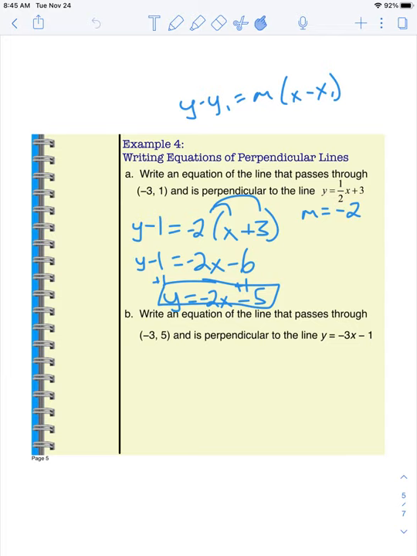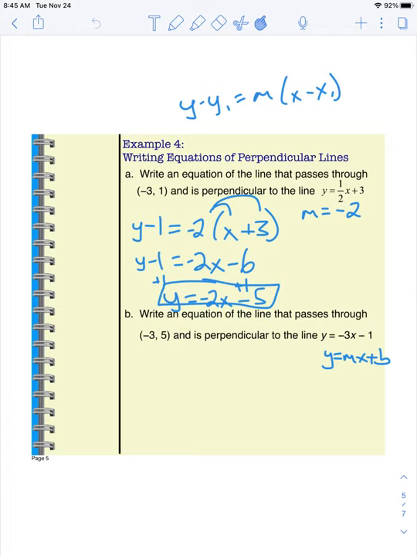All right, the second way to write the equation of a perpendicular line, when we know the slope and a point, is to plug in the point for x and y and solve for b. This is going off the equation y equals mx plus b. So first we need to find the slope. The one that's perpendicular to it, this slope is -3.